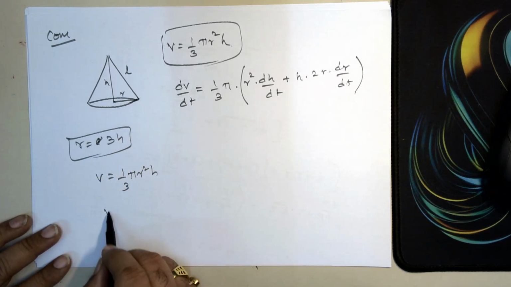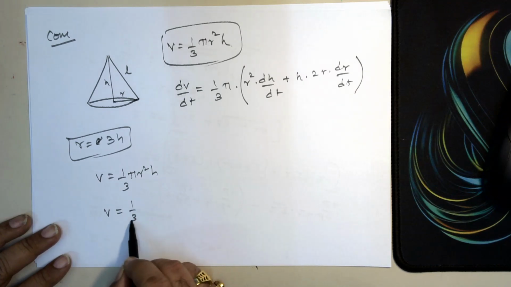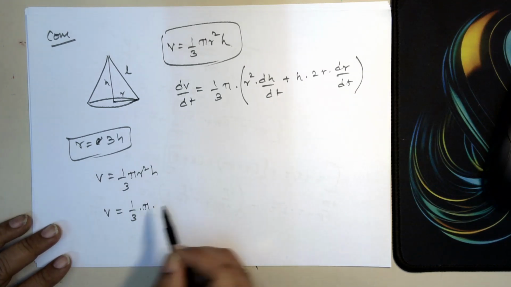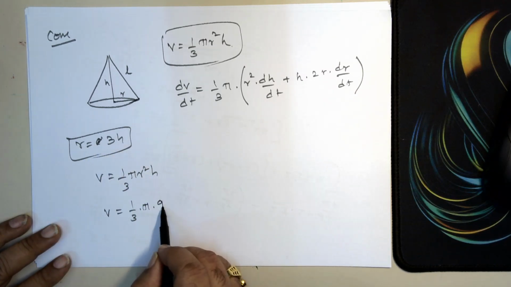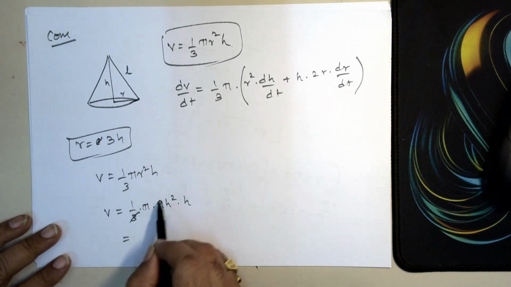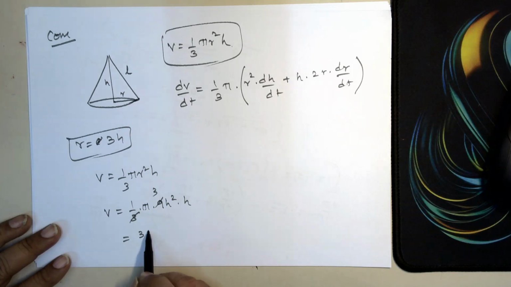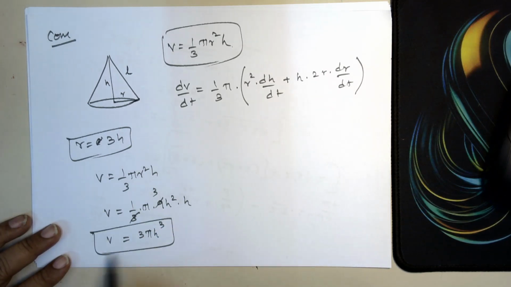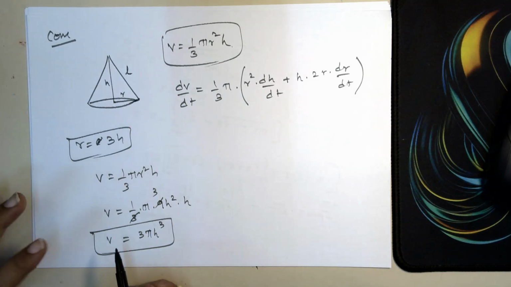So r is equal to 3h means V is 1 by 3 pi, and instead of r you can put 9h squared into h. So it means 3 pi into h cube, okay? And we have to proceed with the differentiation.